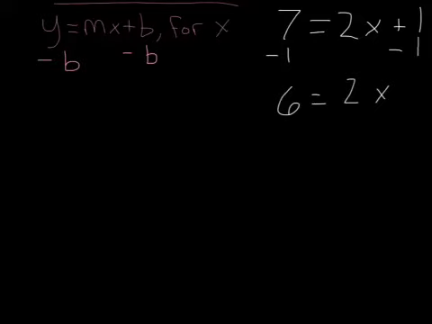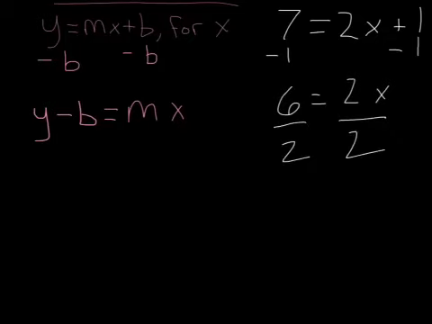Now, because y and b are not like terms, I can't put those together. So now, when I do rewrite, I'm going to have y minus b separate is equal to mx. From there, looking at our equation on the right, we can divide by 2, giving us x equals 3.